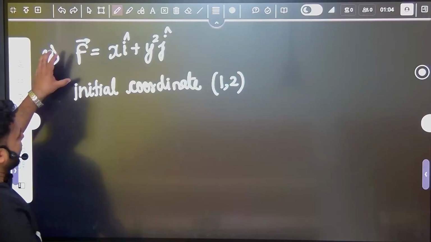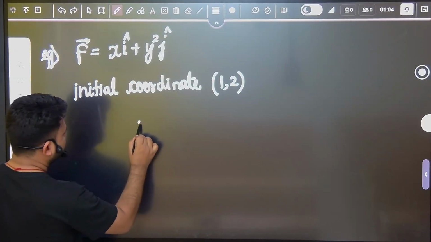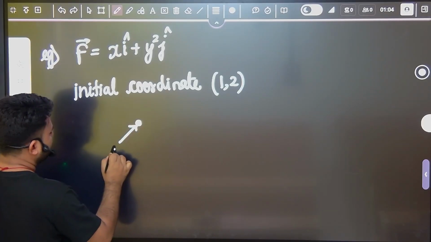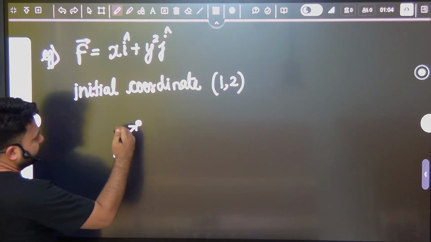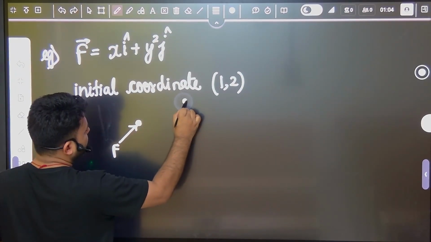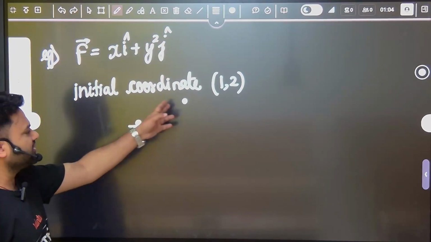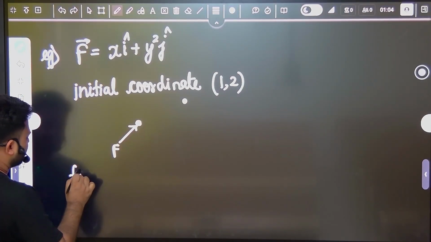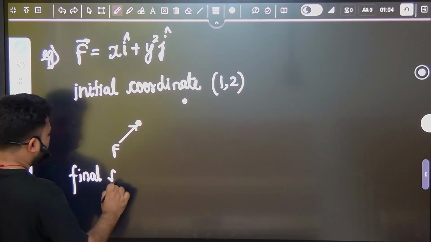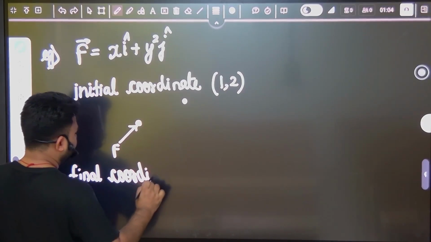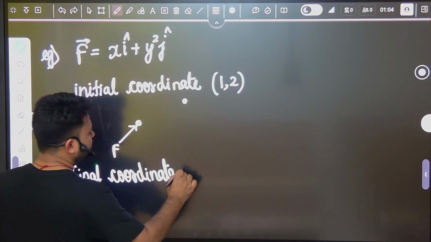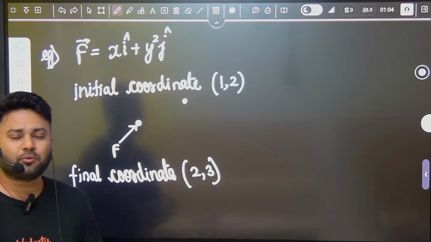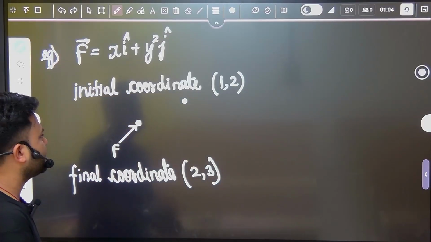Due to the action of this force applied on the particle, its coordinate changes. Suppose the final position is here, just an example I am taking. The final coordinate of the particle becomes, suppose, 2 comma 3. Now they will ask what is the work done in this entire process.